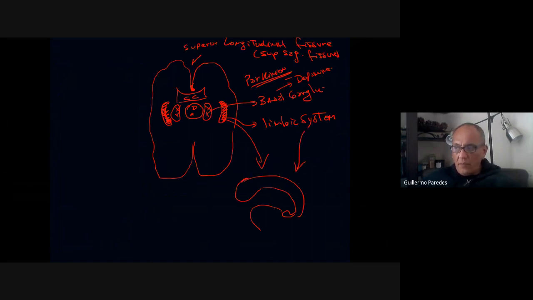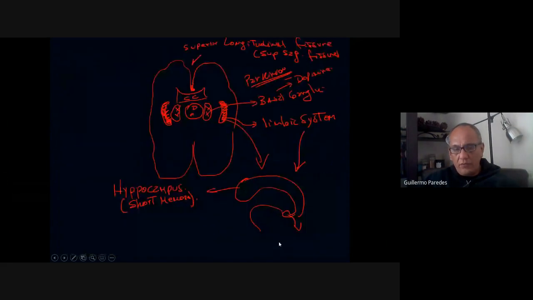This limbic system is going to have three components. The hippocampus is actually for short memory. This is the amygdala, the lenticular part of the amygdala.